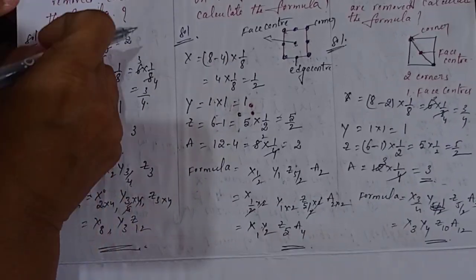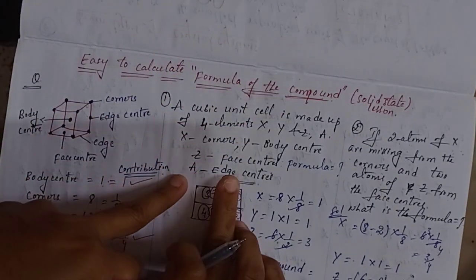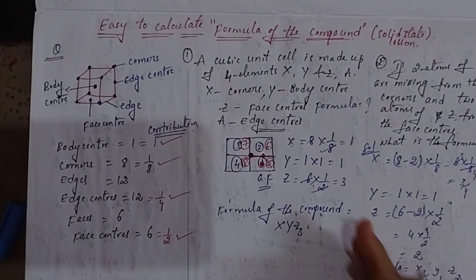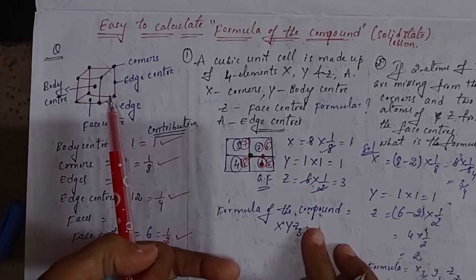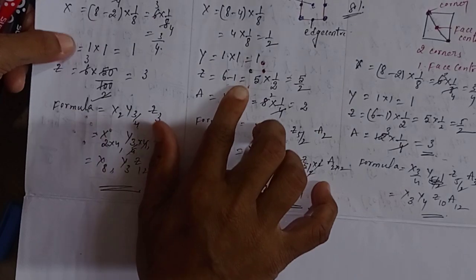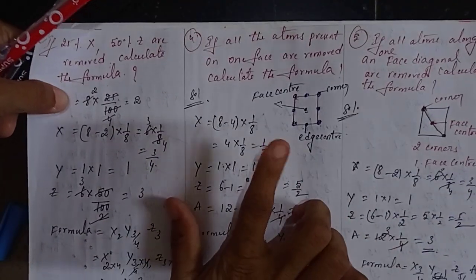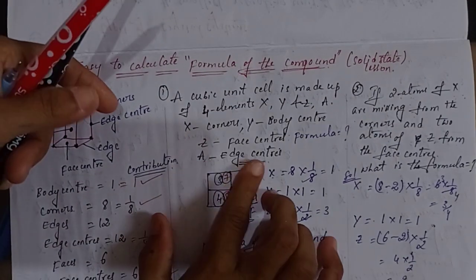And here one more, students, we are taking one more element. A particles are present at the edge centers, I told you. So that's why here also you take A. About A also you should write. Because of the fourth question, I am taking A particles also at the edge center.